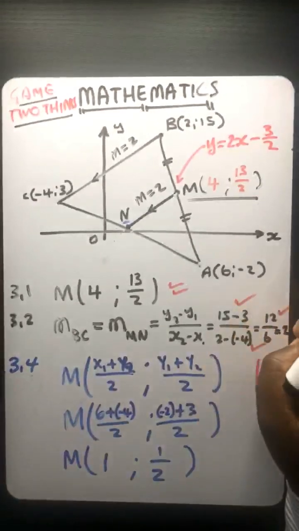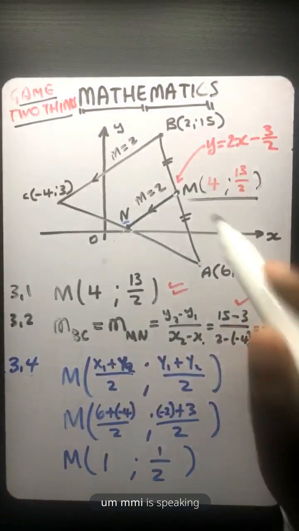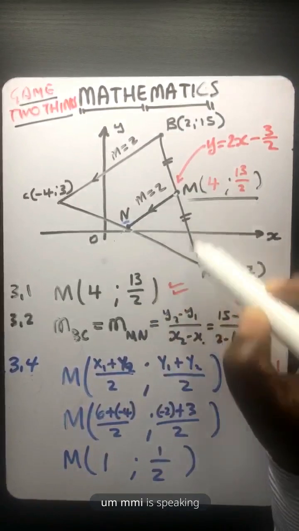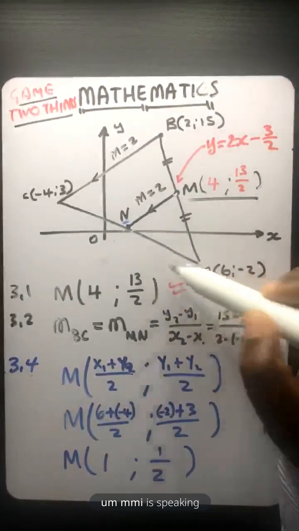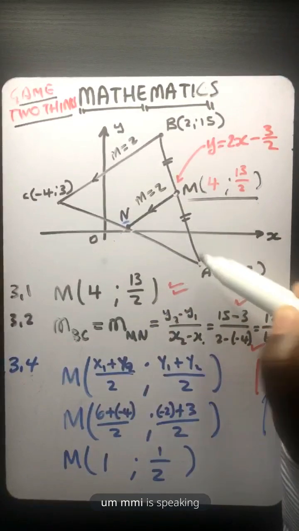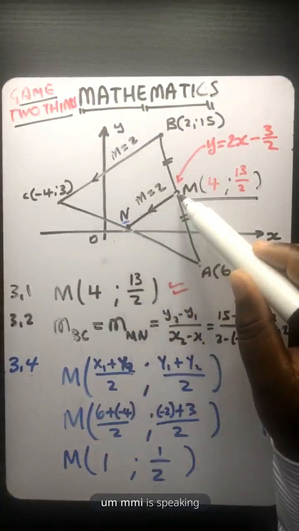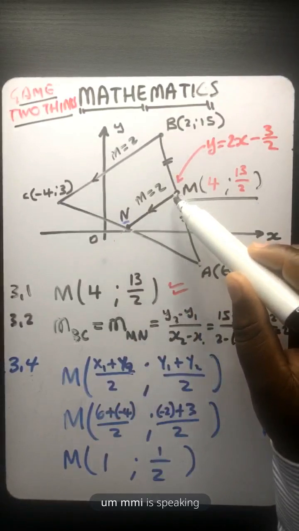Okay, what did you say there, honorable member? Because N is still in the middle for C and A. Yes. Okay, because you already have the gradient for N is 2, you already calculated. Can you use any coordinate for C and A to look for the point now?